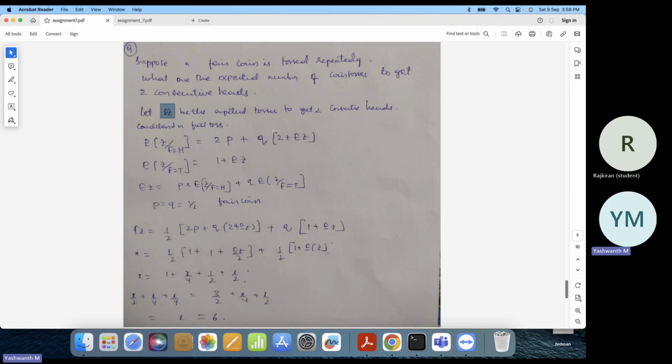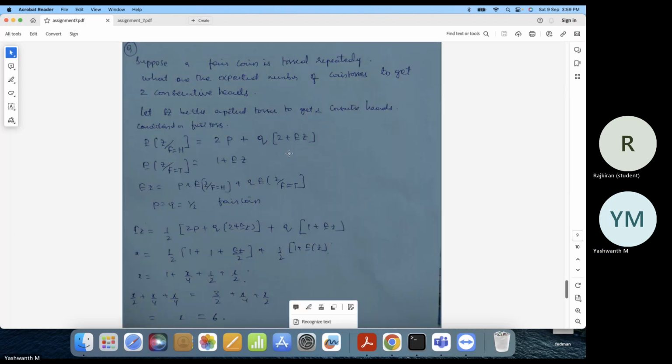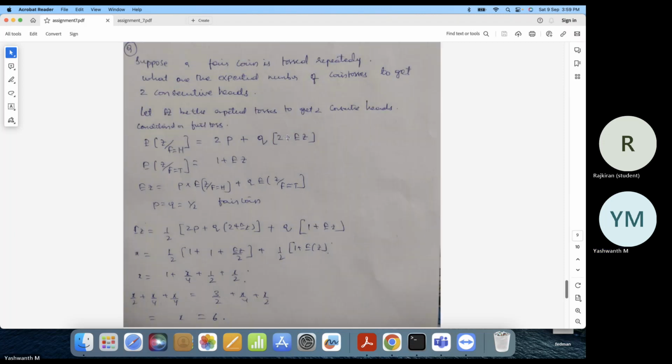This is a very tricky thing here. E of Z is what you want to find, the expected tosses to get two consecutive heads.